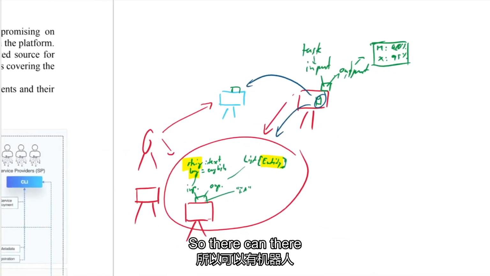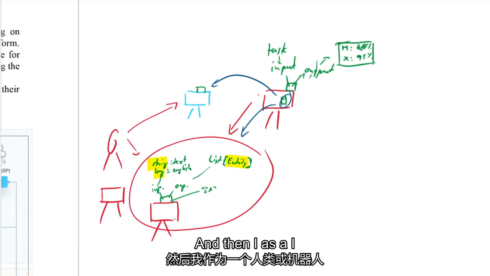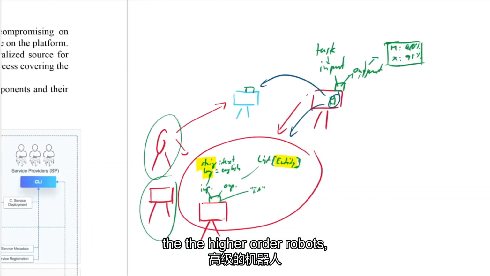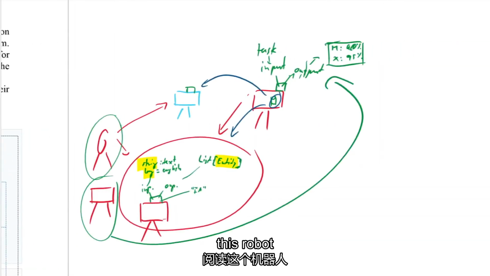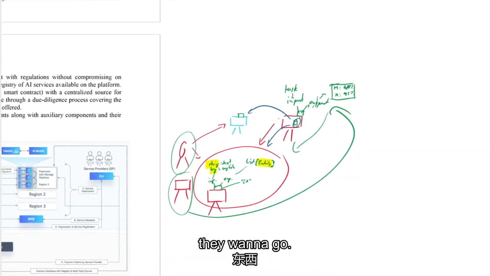Okay, so there can be robots that test other robots and then publish sort of ranking lists, and then I as a human, or the higher order robots, can go read this robot and then decide which of all the listed things they want to go to.